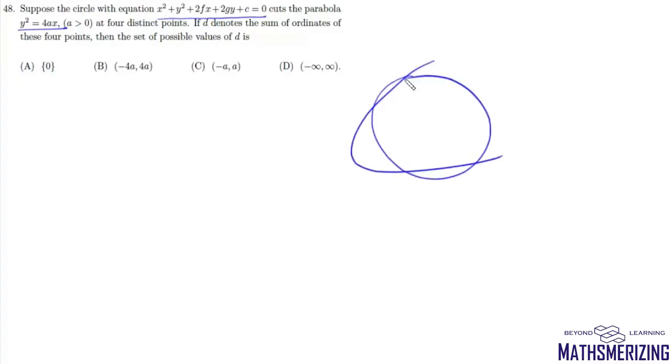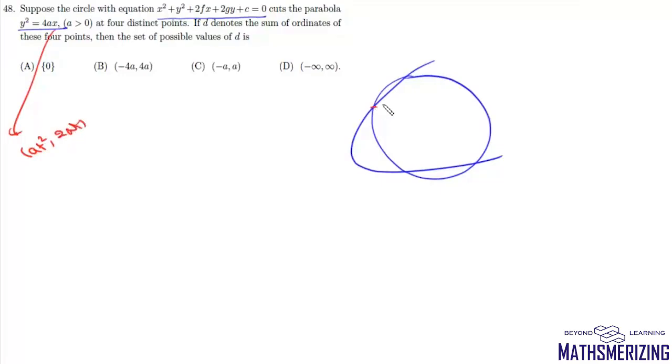Now question number 48 is, suppose a circle x square plus y square plus 2fx plus 2gy plus c equals 0 cuts the parabola y square equals 4ax at 4 distinct points. So we have a circle and a parabola, and they intersect at 4 distinct points. Now we know that any point on this parabola, we can write as (at square, 2at).